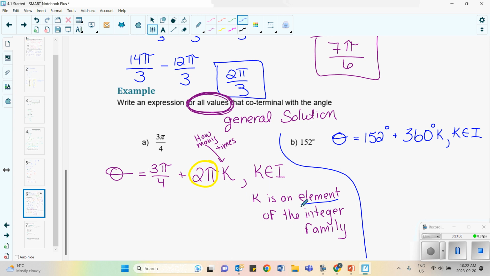Okay? Yeah, Jonah? So when it's degrees, you do 360K, and when it's radians, 2 pi. What if you're using whole numbers? That's a good question. What letter are we using for whole numbers? W. Does it matter? Yeah, it does. Can somebody Google the symbol for whole numbers?